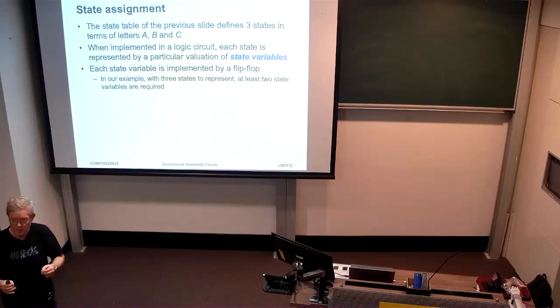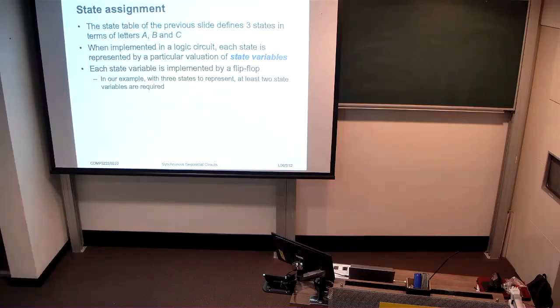These state variables are the variables that will carry the state for our diagram. In our particular case, we have 3 states. So in order to uniquely identify those 3 states, we'd need at least 2 state variables to represent them in a binary system, right?